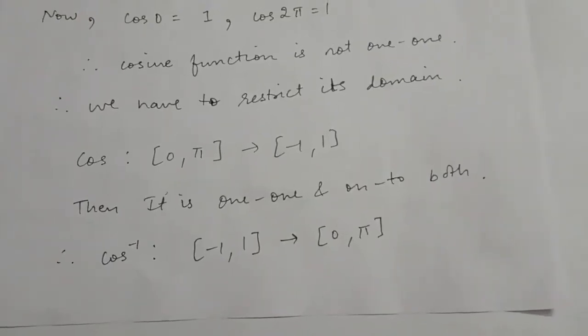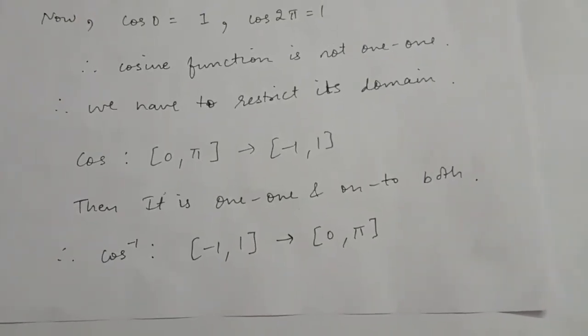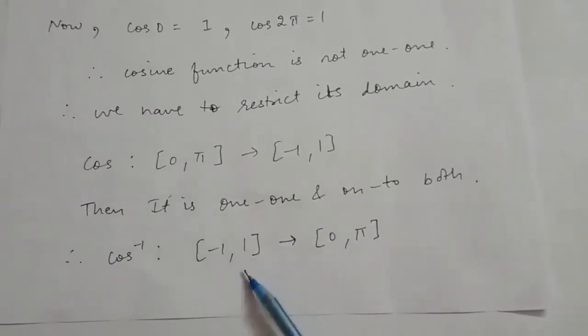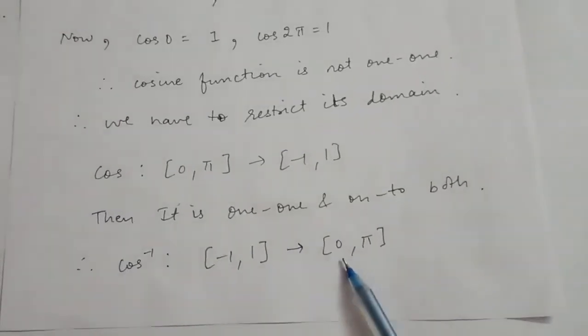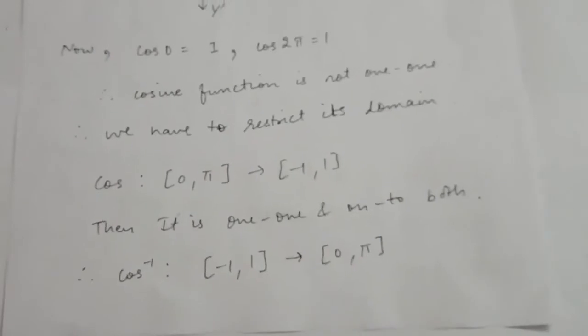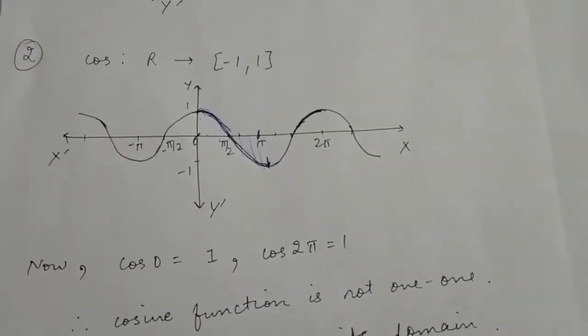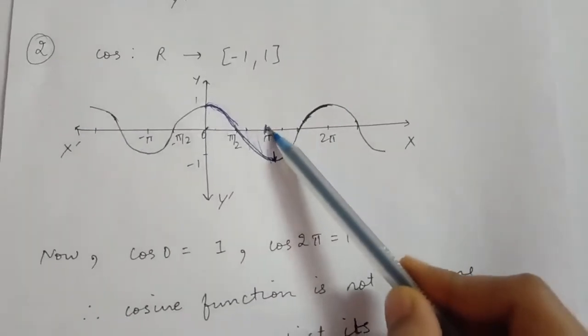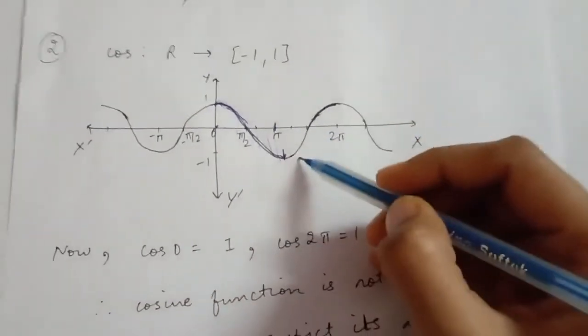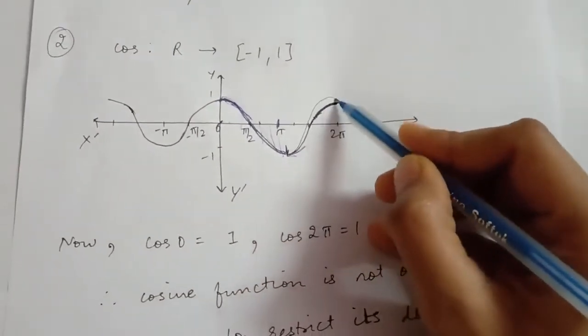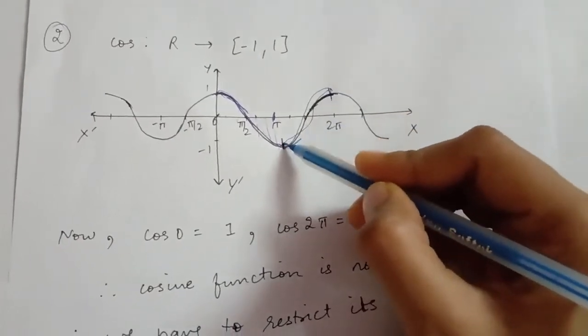The cos inverse function will be, now the domain will be from -1 to 1 and the range will be from 0 to pi, right? We can also take any other domain. Suppose I take from pi to 2 pi, then the value of cos will be these points, right?